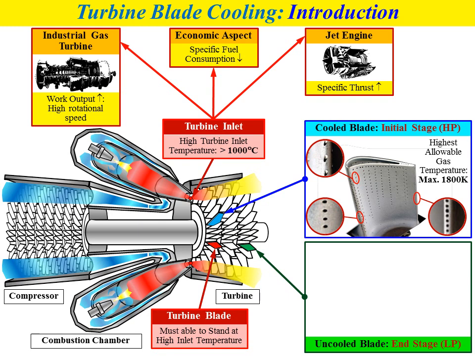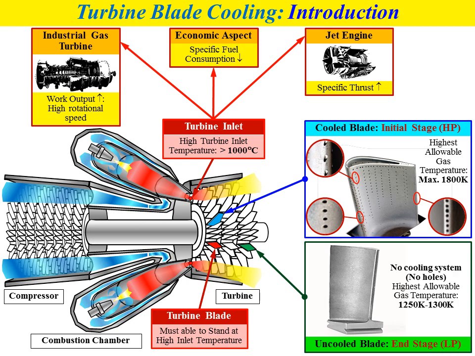This blade is normally used at the end stage of the turbine, or the low pressure turbine, because the temperature at that stage is already reduced, relatively not too hot compared to the first stage of the high pressure turbine.